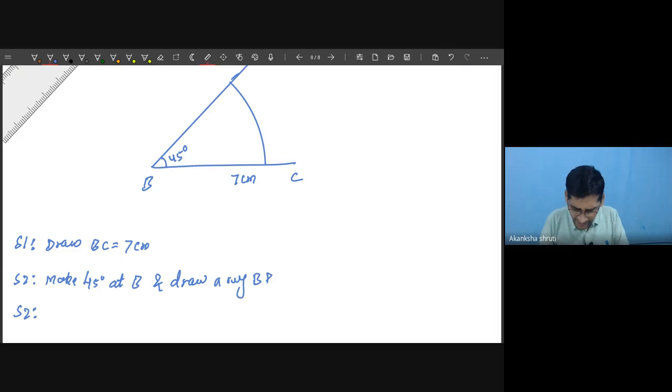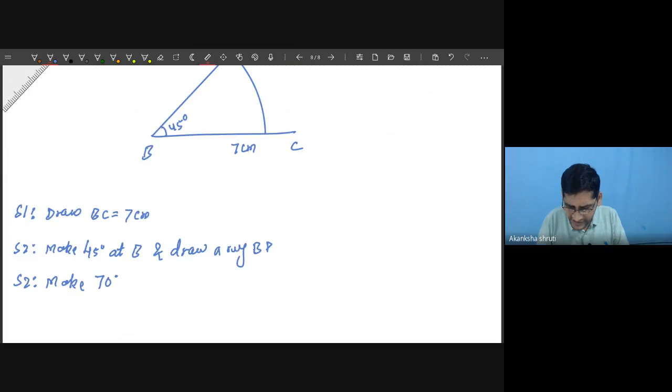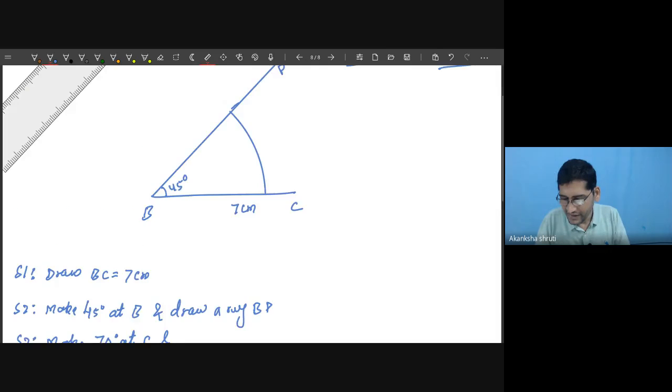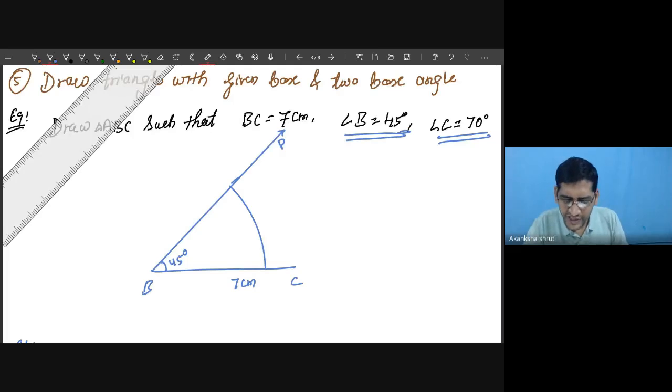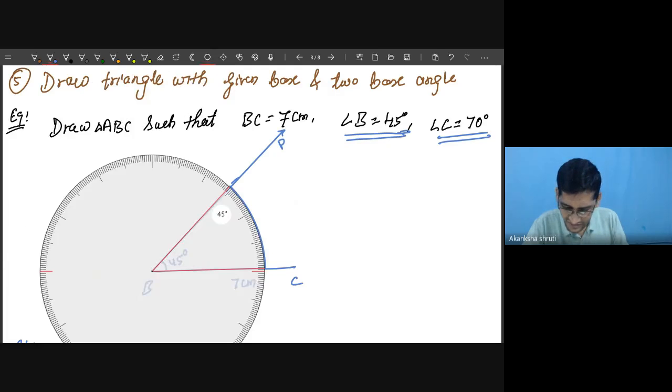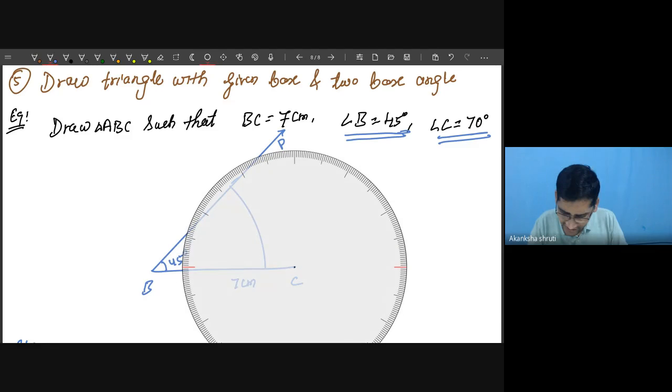Similarly, you have to make another angle which is given as 70 degree at C. After drawing 70 degree, you have to draw a ray CQ. Okay, so draw the 70 degree at C. Students, observe it carefully. Coincide it at C. Now let me draw this one. Observe. Now we have to stop at 70 degree.